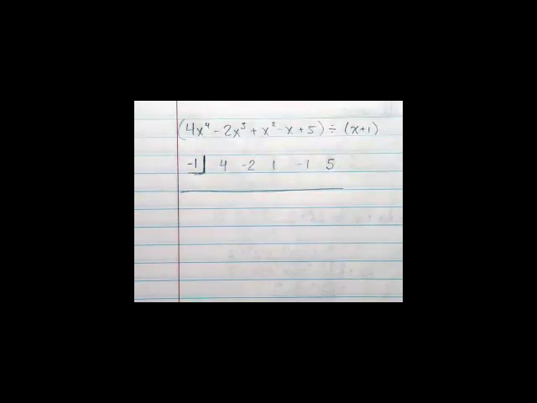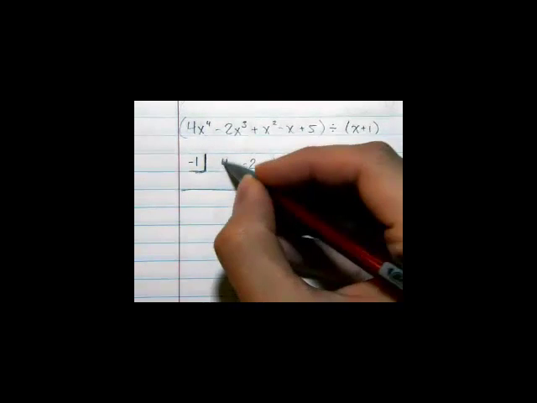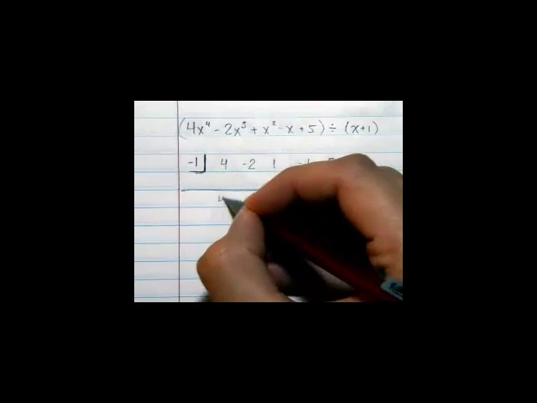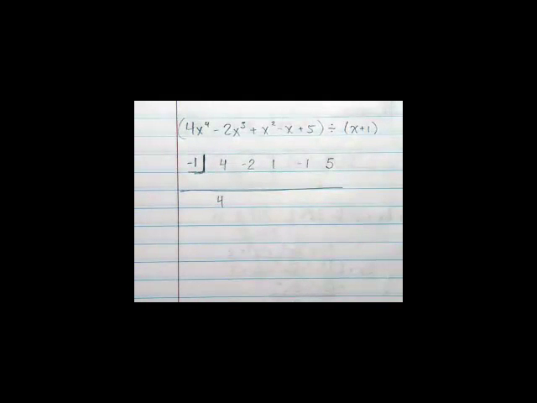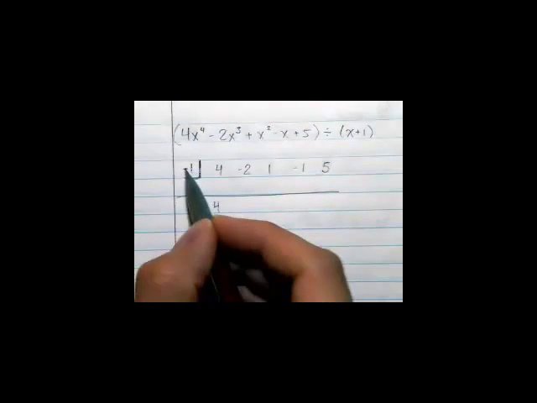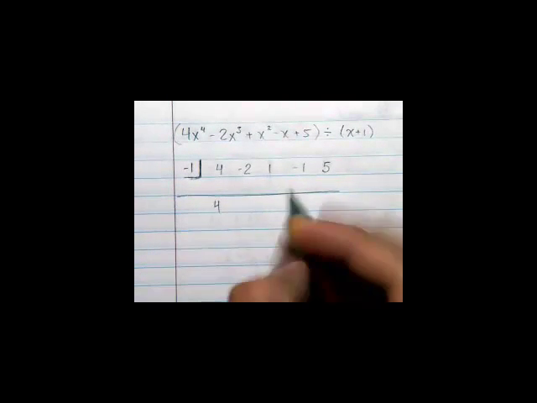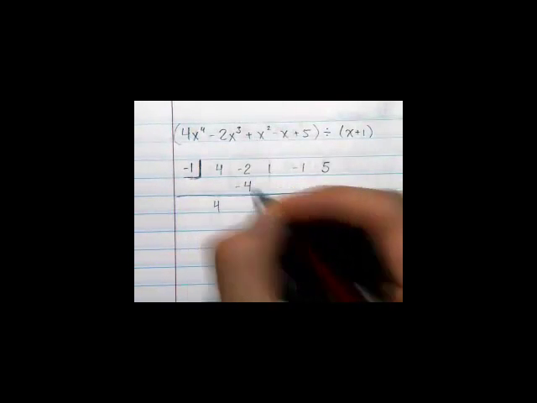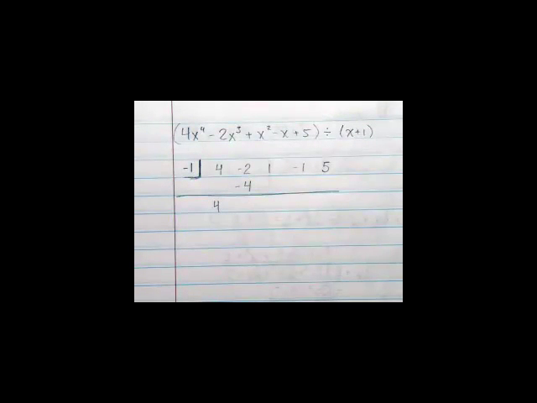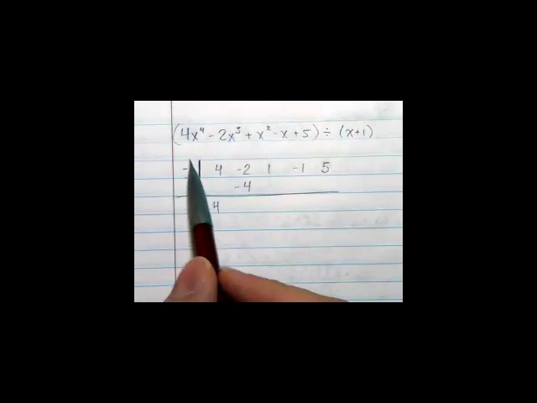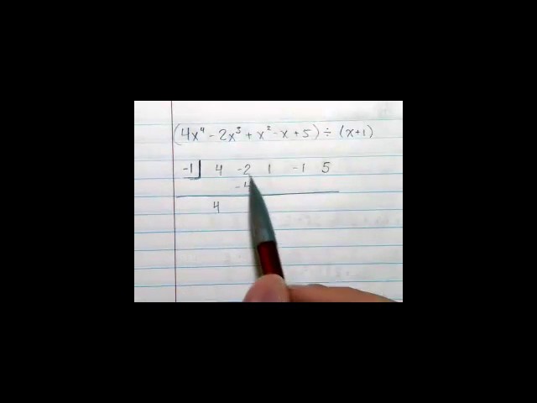Okay. So here's how it works. First number, whatever it is, just drop it down. And then we're going to do that multiplying around step. So -1 times 4, -4. Okay. And then straight down there, because I switched the sign on this to -1 instead of subtraction, now we just add them.